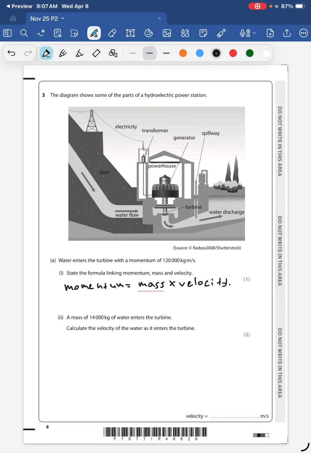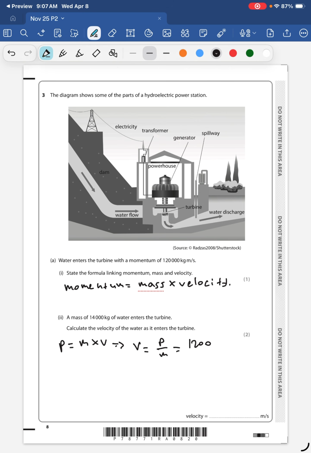Part 2. A mass of 14,000 kilograms of water enters the turbine. Calculate the velocity of the water as it enters the turbine. We are given the momentum in the beginning, so we can just use P, momentum, is m times velocity. Therefore, velocity is momentum over mass.